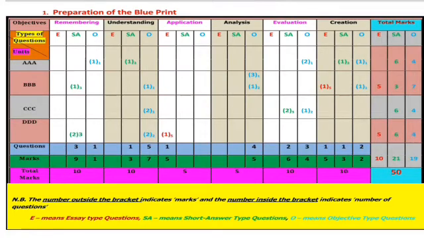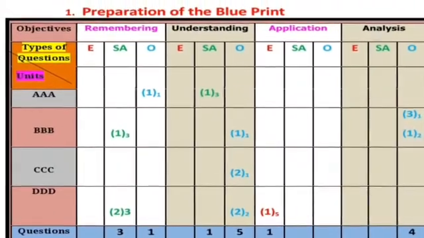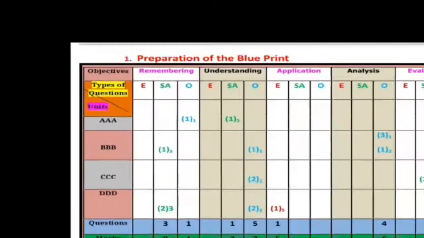Now again, to simplify the work and to ease your understanding, I had used 3 colors: red for the essay type question, green for the short answer type question, blue for the objective type questions. Clear?